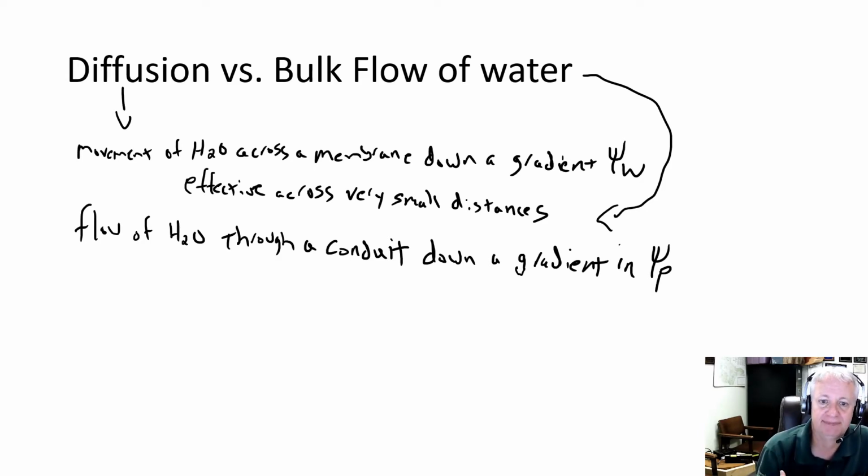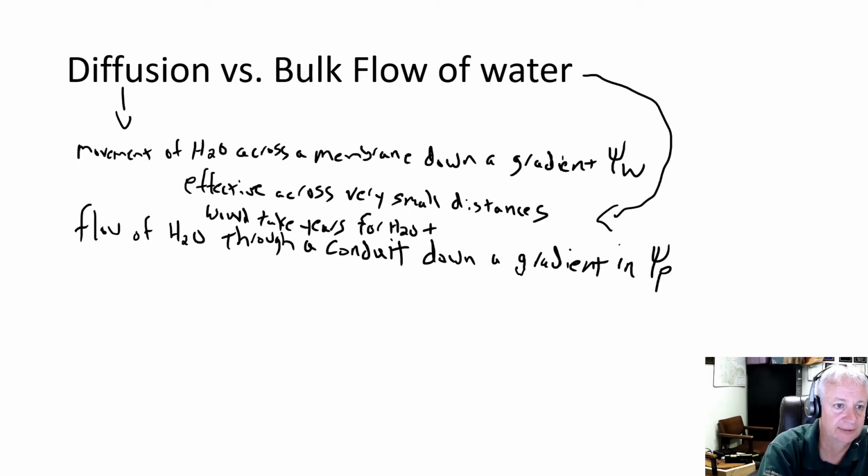But we know diffusion can't be the mechanism of water transport from the roots of a tree to the crown of the tree because it's too slow. Diffusion would take years for water to move from root to leaf, if diffusion was the mechanism.